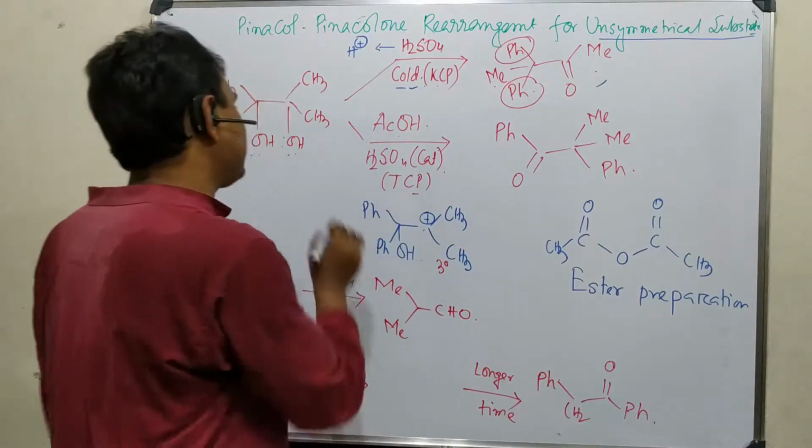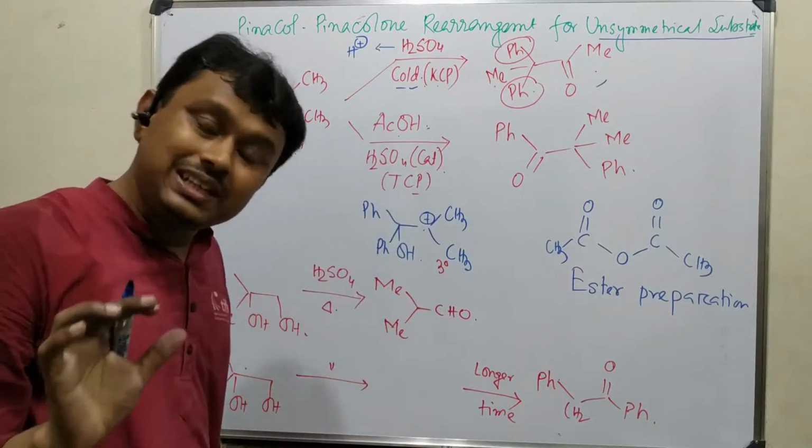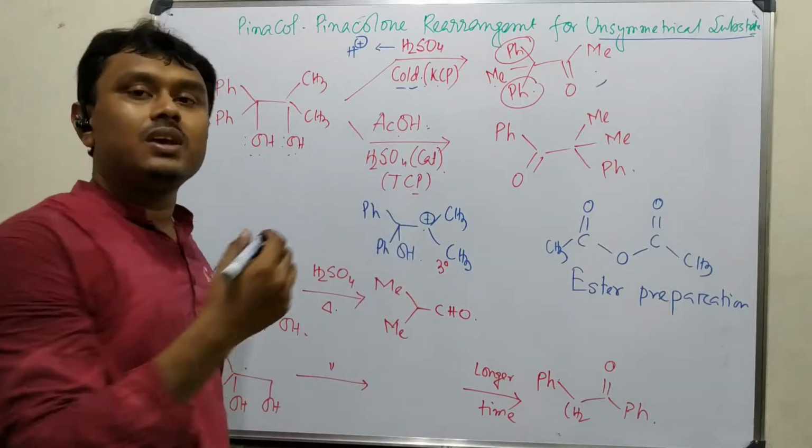Sulfuric acid may protonate either this or this, but since acetic anhydride is generally taken in excess, the chances are that it will be protonated.